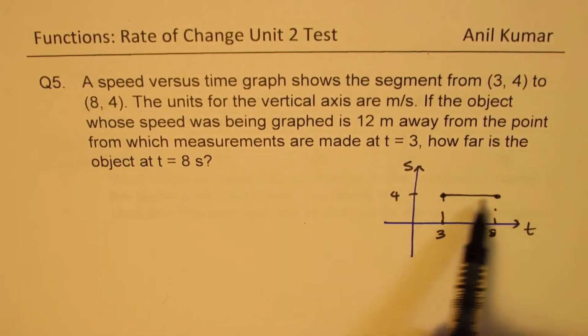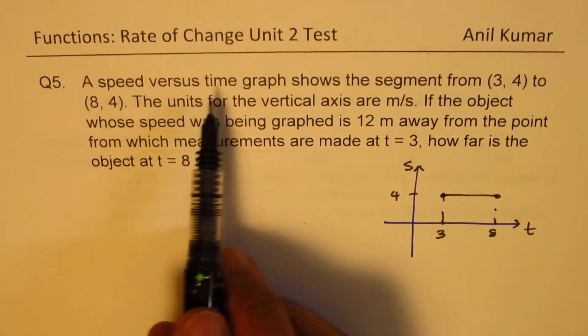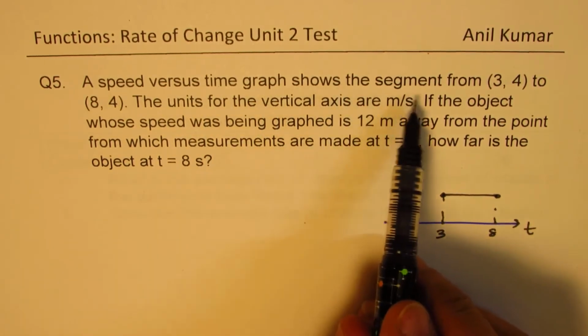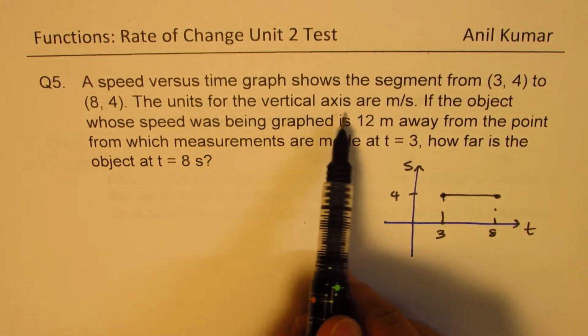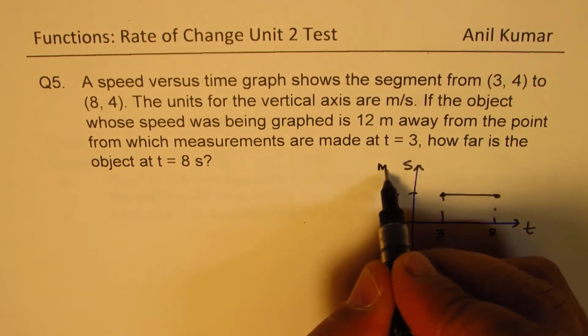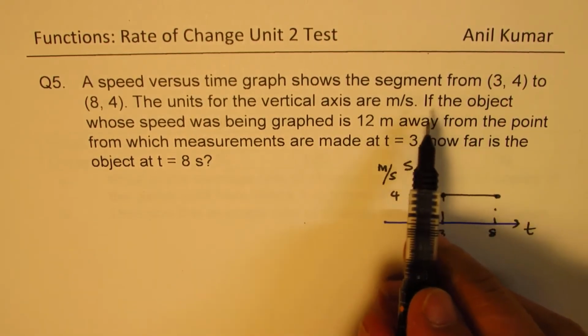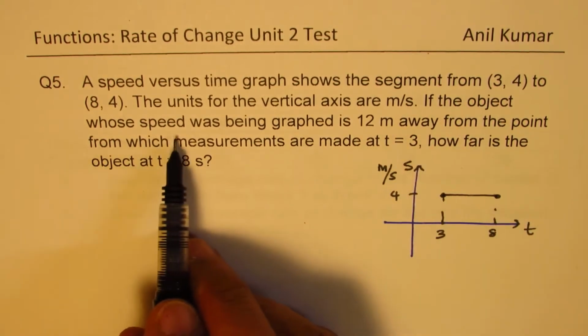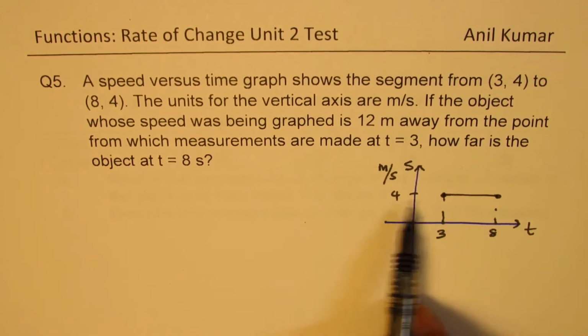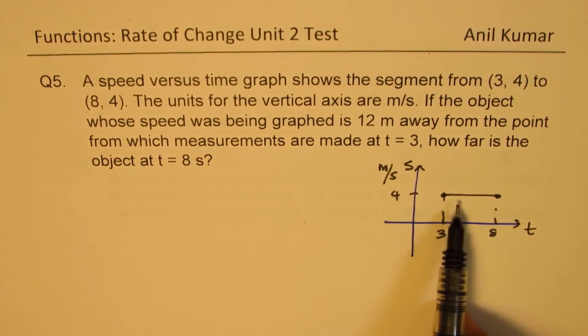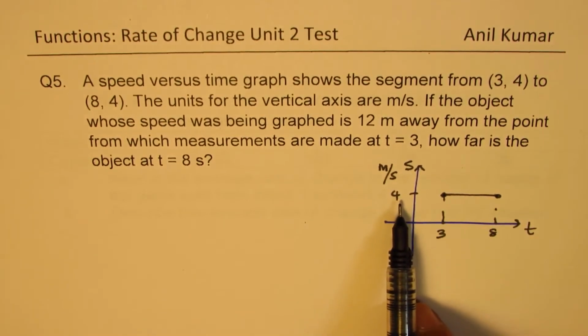So this is a horizontal line, right? The units for the vertical axis are meters per second. So what we know from here is that the speed is constant and it is 4 meters per second, right?